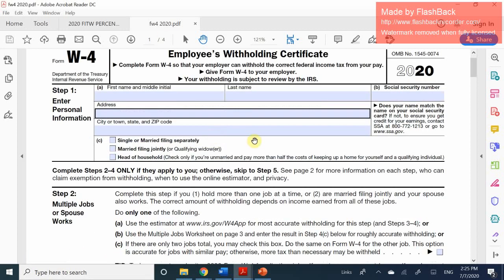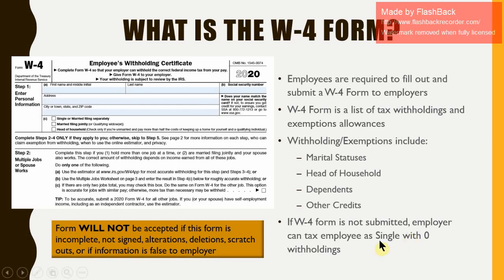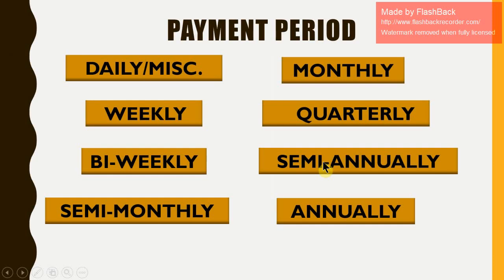But this one is based on a dollar value. So I just wanted to show you that for those who plan on getting a job today. All right, so that is that.